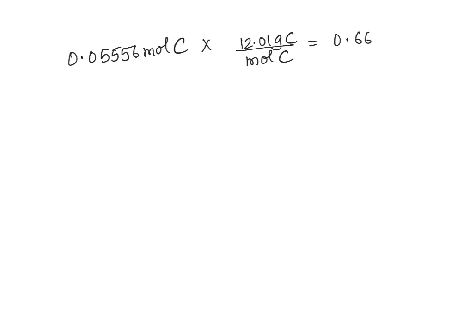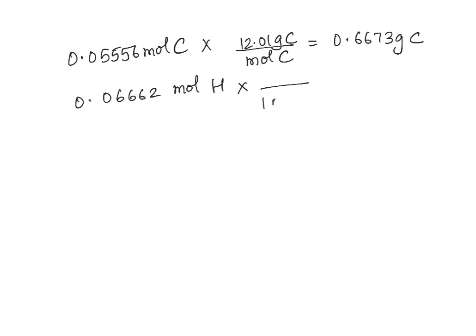Then we have to convert from moles of carbon, 0.05556 moles of carbon, to grams of carbon. Again, we're interested in grams, right? So 12.01 grams of carbon per mole. This will give us 0.6673 grams of carbon. Same way, 0.06662 moles of hydrogen.